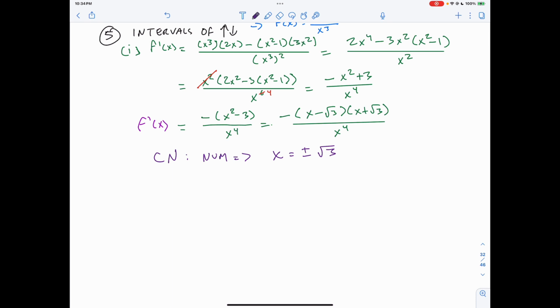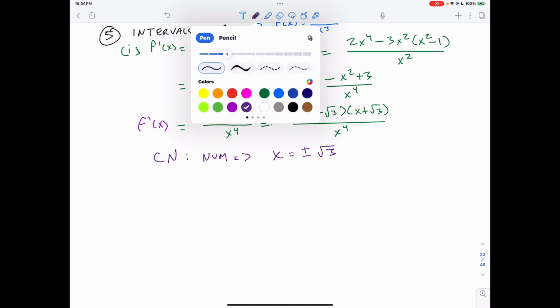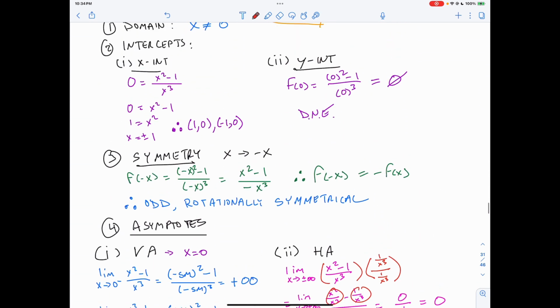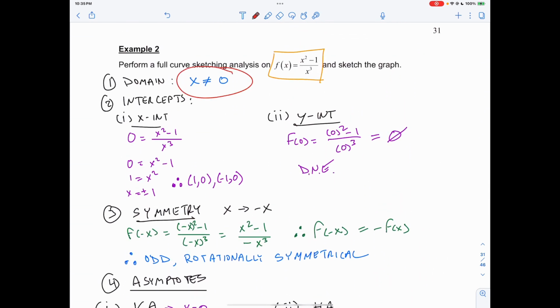My significant number from the denominator is going to be x equals 0. Because remember, it's still significant, but it didn't exist in my original function because that was part of my domain. Critical numbers have to exist in that original function.